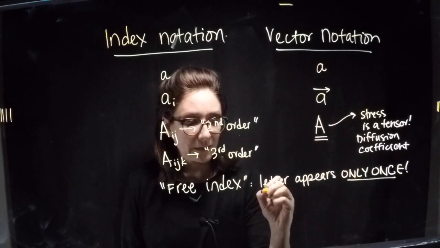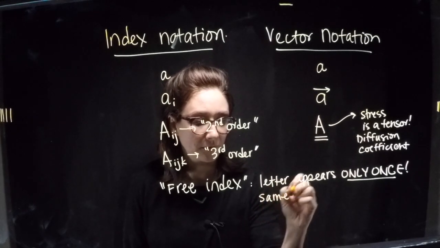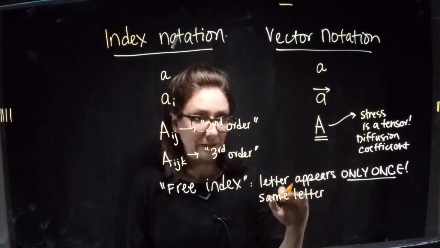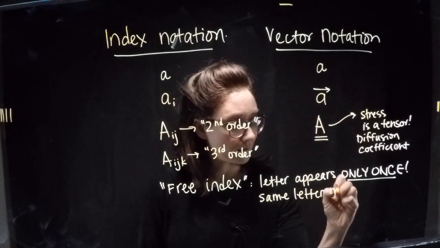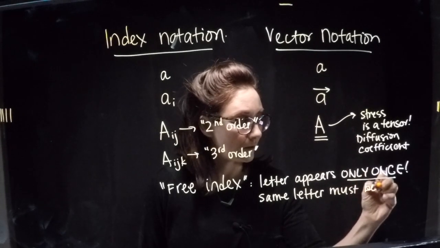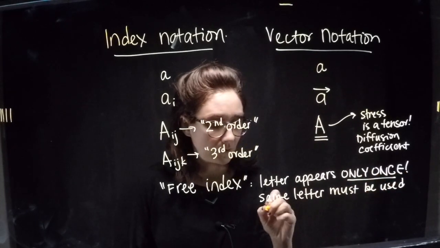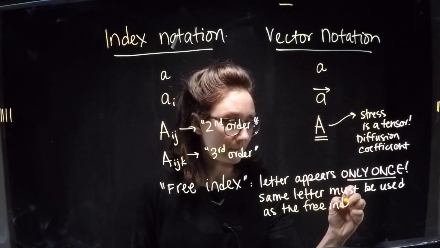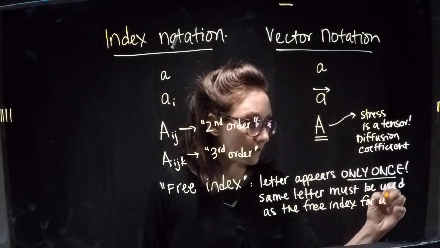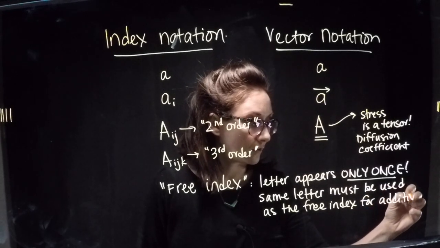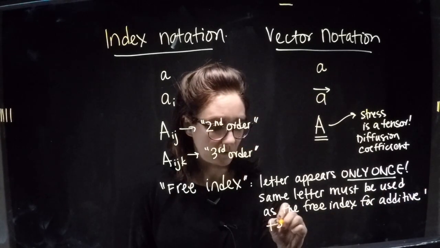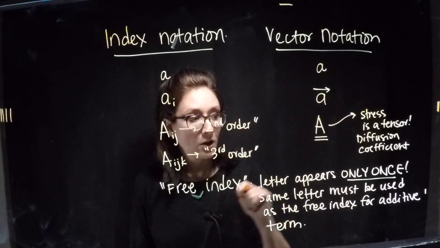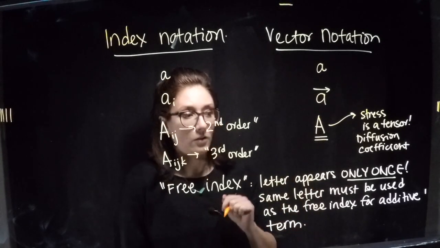It also means that this same letter needs to be the free index on every term that is added together. Or in other words, you have to use the same letter as your free index for terms that are added together. Okay?